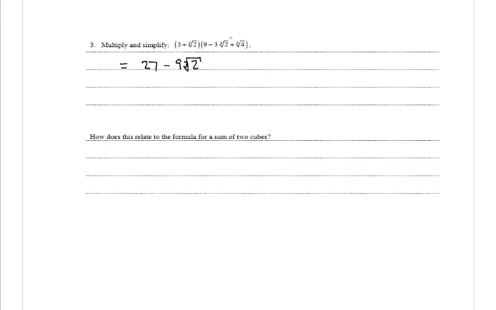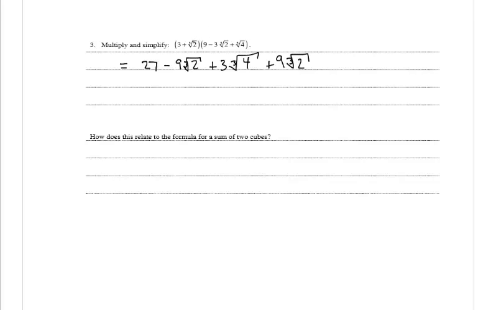And then we have 3 times the cube root of 4 gives me 3 times the cube root of 4. And we have the cube root of 2 times 9 is 9 times the cube root of 2.